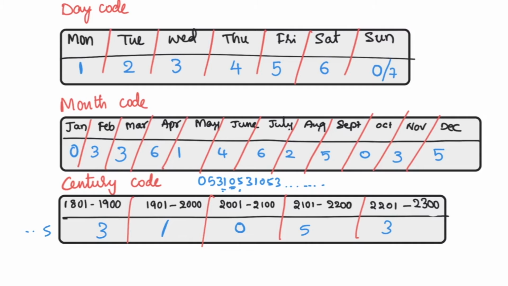And next 3. And for the century from 2301 to 2400, the century code would be, after 3, it is 1. So the sequence 0531 0531 continues, and remember that for the present century the code is 0.